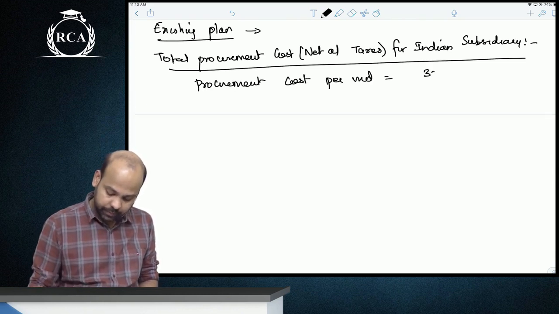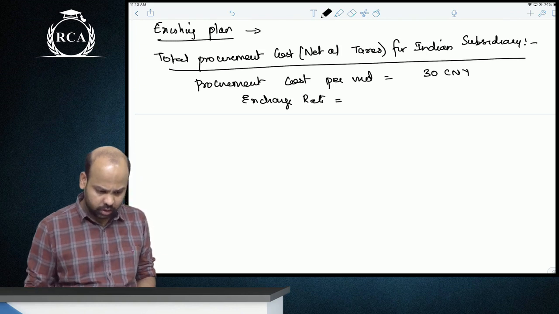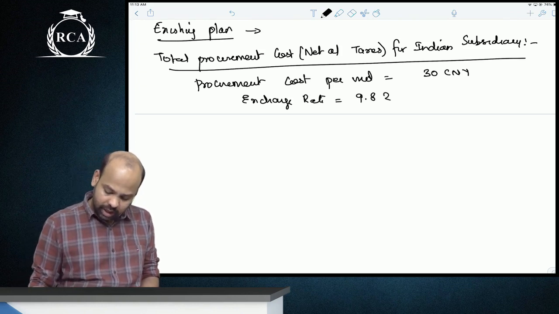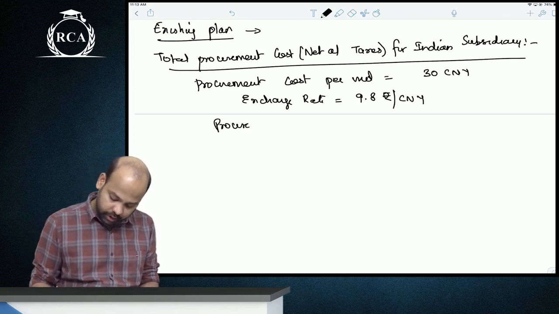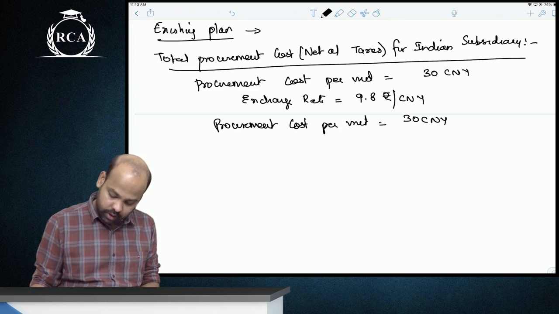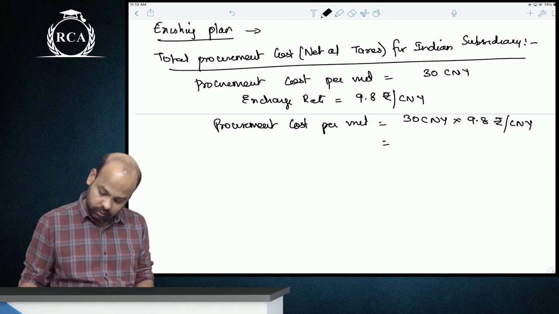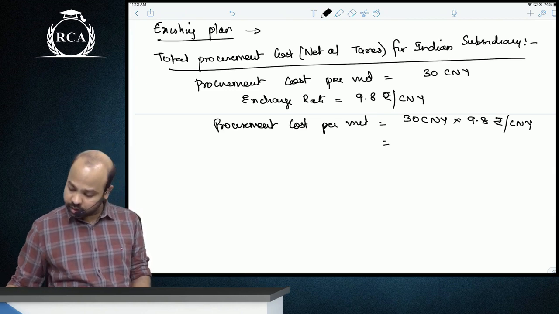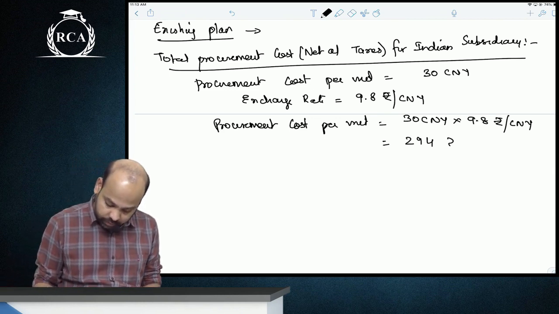So guys, our import price, or procurement cost per unit, is 30 yuan. Exchange rate is 9.8 rupees per yuan. Right now it is around 11.2. So the procurement cost per unit is 30 yuan into 9.8, which is 294 rupees.